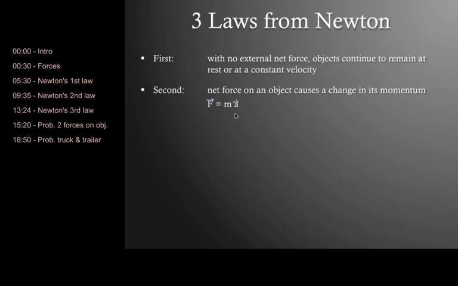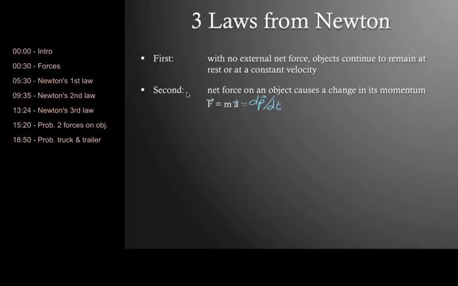The second law is that a net force causes a change in the momentum. This is realized by F equals ma, which we could also write as dp/dt. And we'll show that these two are the same. So the first law is actually a consequence of this second law.